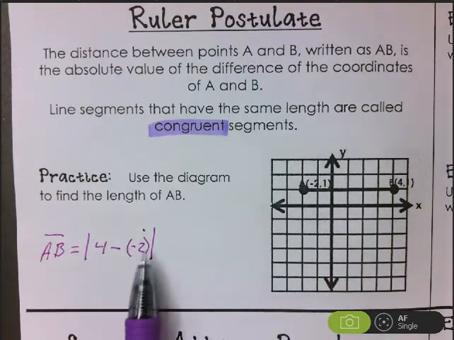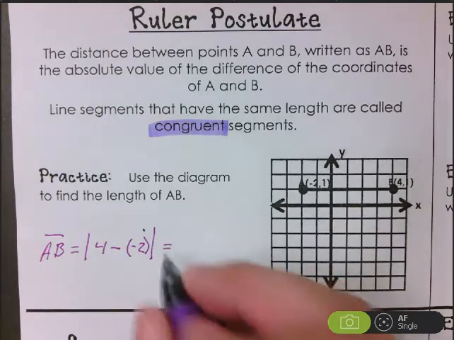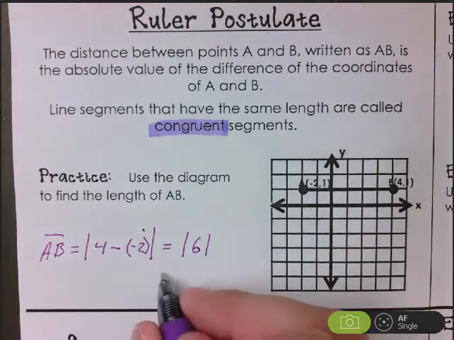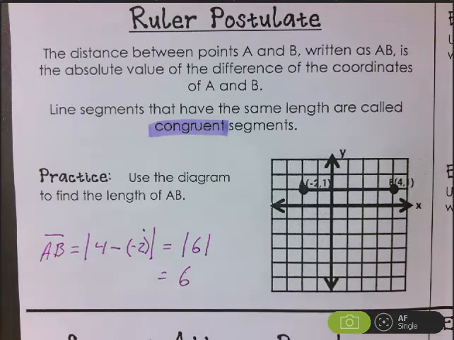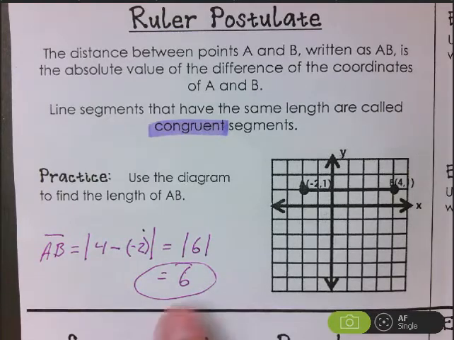Well, if we minus a negative, that means we're going to be adding these. So 4 plus 2 equals the absolute value of 6, which equals 6. So our final answer, the length of that segment, is 6 units.